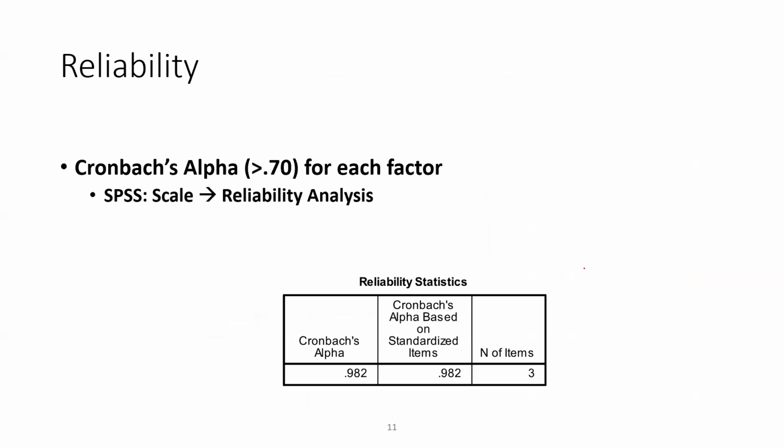Ideally it has to be greater than 0.7. Even greater than 0.6 is acceptable, but less than 0.6 is not at all acceptable. Please remember that. Greater than 0.7 is ideal.